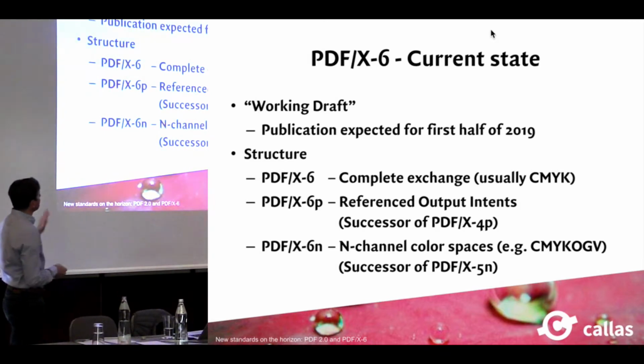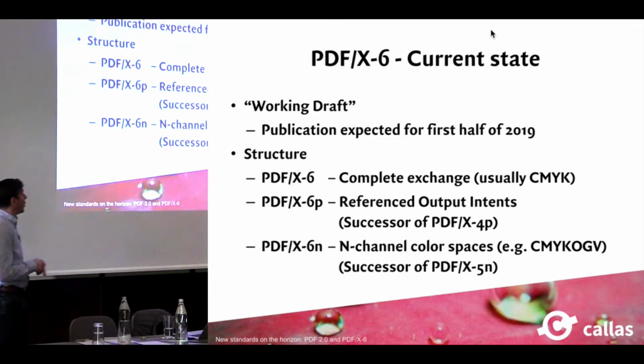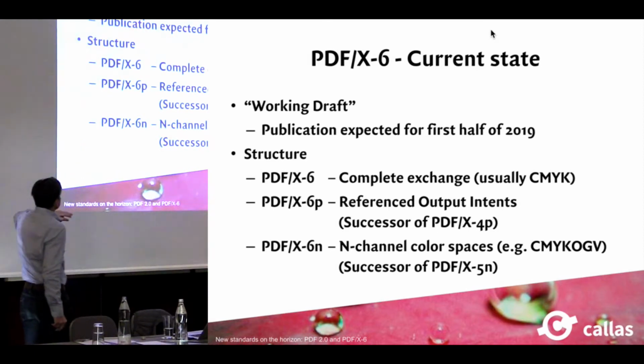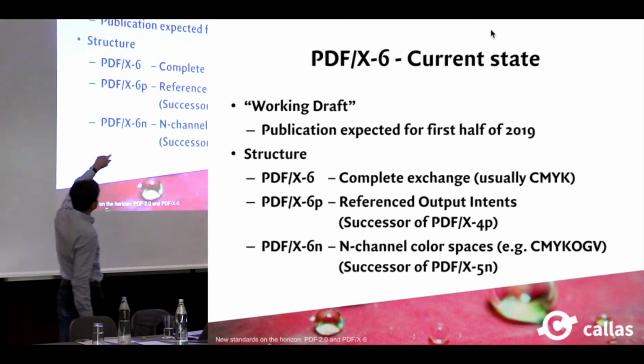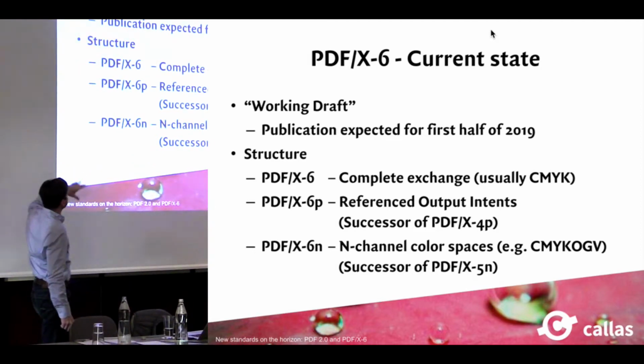It is currently a working draft, so publication not before 2019, and I think only by then pdfToolbox will become relevant. It will have 3 conformance levels. PDF X6, this is the stuff that we know already in PDF X4.